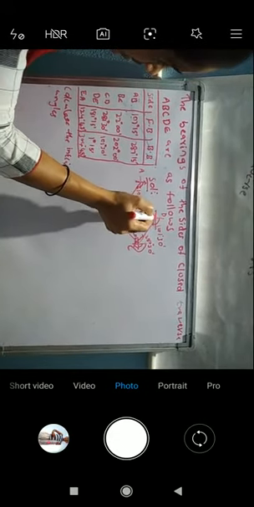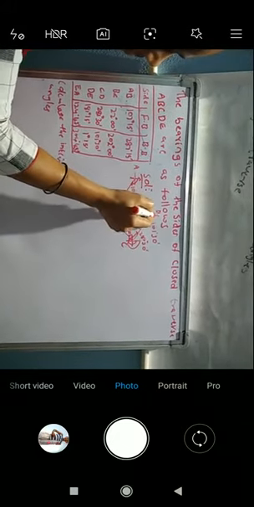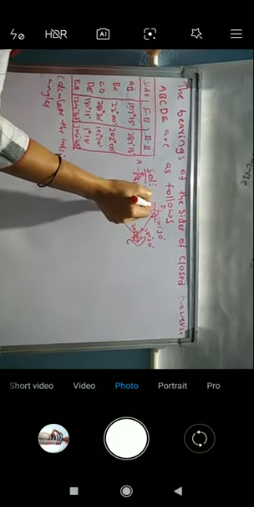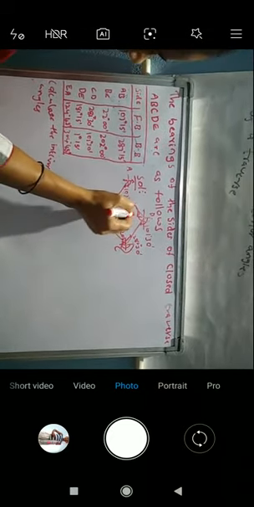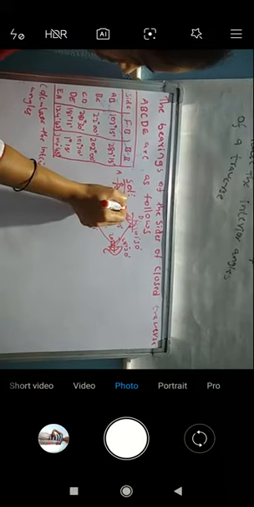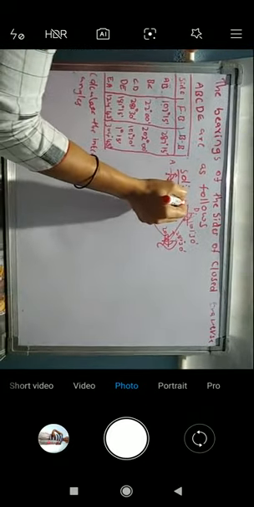D is 181 degrees, that starts from here and 1 degree ends here. So this is DE, the forebearing of DE, that is 181 degrees 15 minutes, and this is the back bearing of DE, 1 degree 15 minutes.